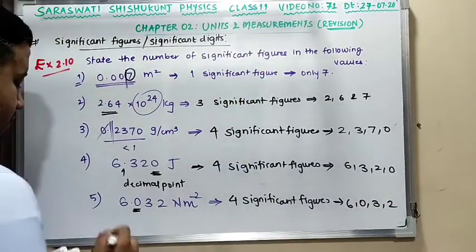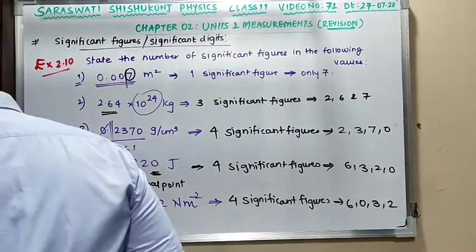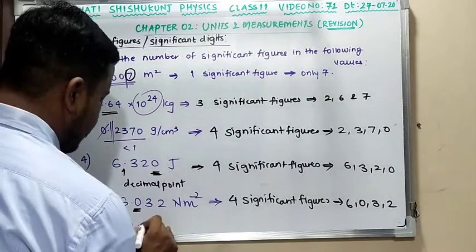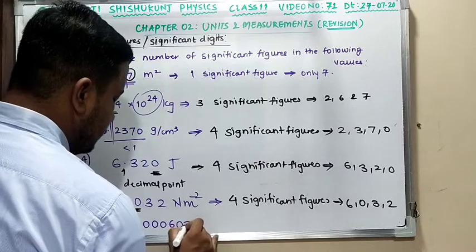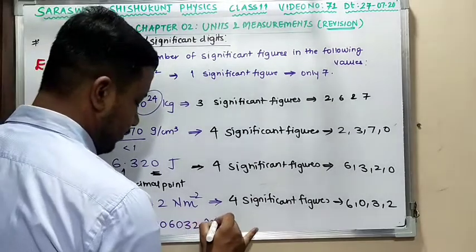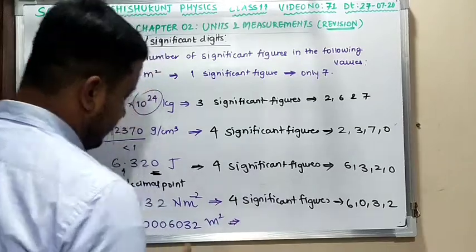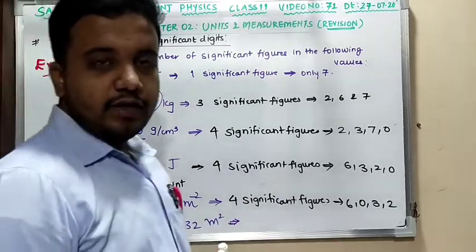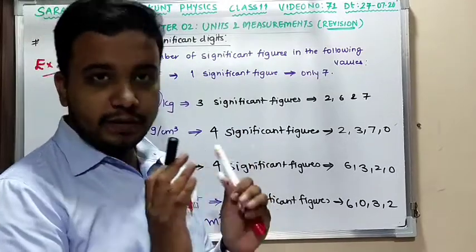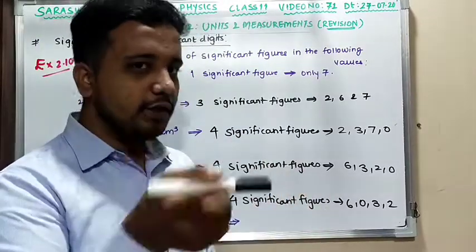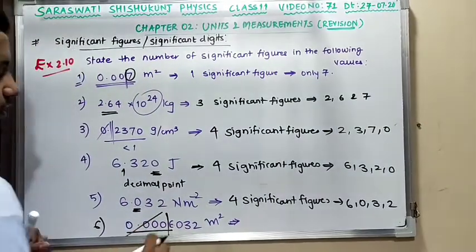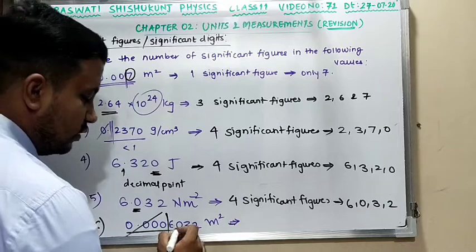Till this clear? The last question we have is 0.000632, and the unit is meter square. Again the number is less than 1, so the zeros to the left of the first non-zero digit are not considered significant. A 0 between two non-zero digits is considered significant.